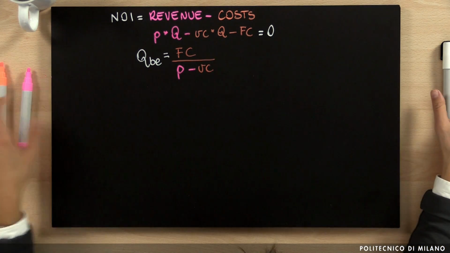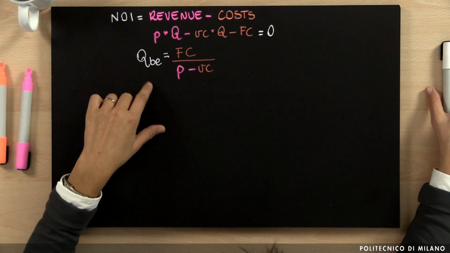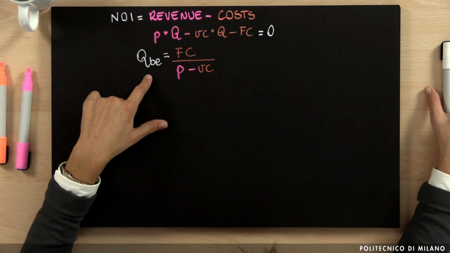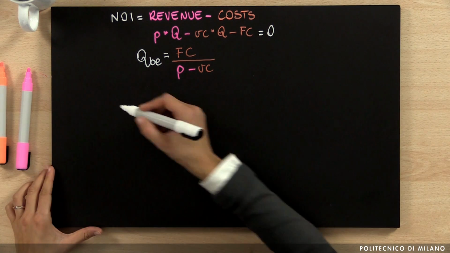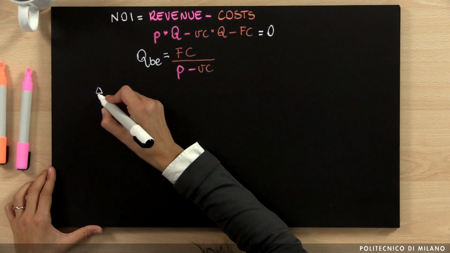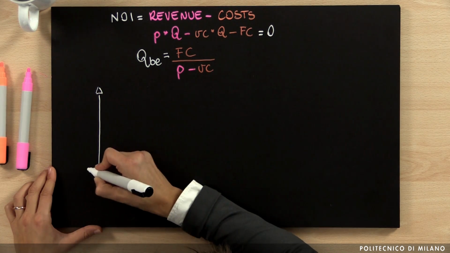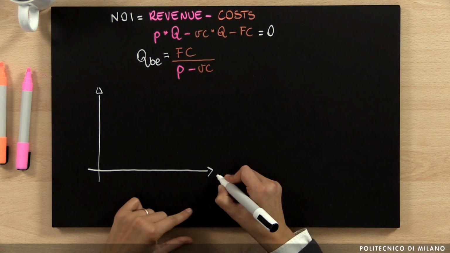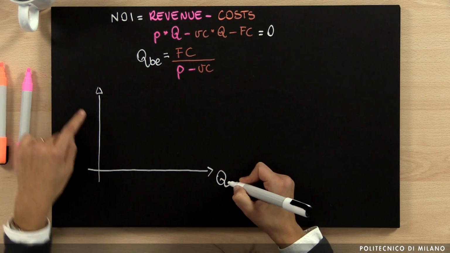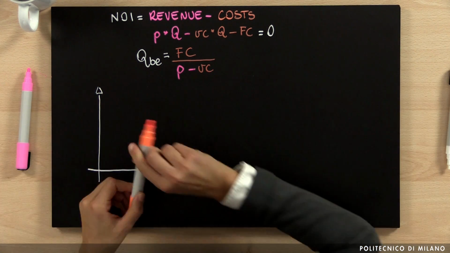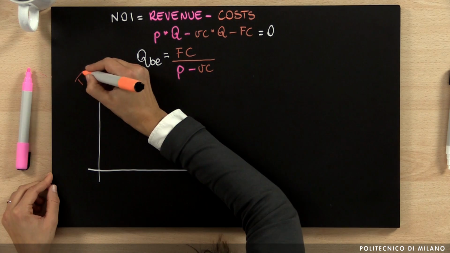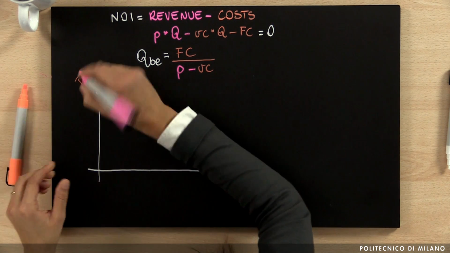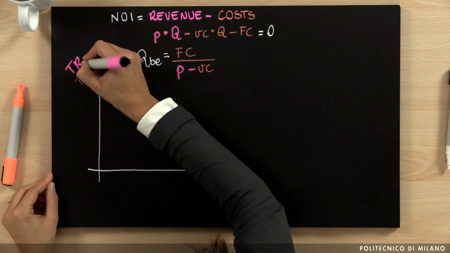We can also plot this formula so that we can graphically visualize the quantity to break even. In our plot, we will have the quantity on the horizontal axis, while we will have both total cost and total revenues on the vertical axis.